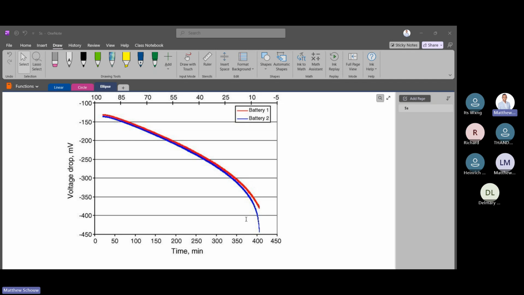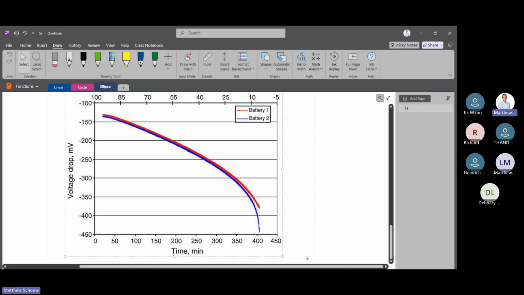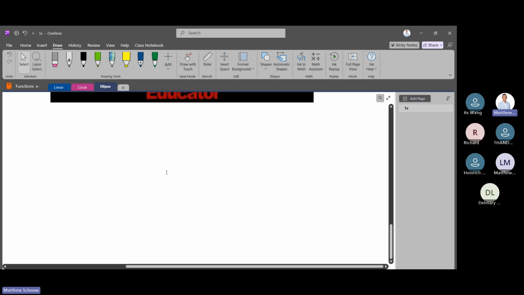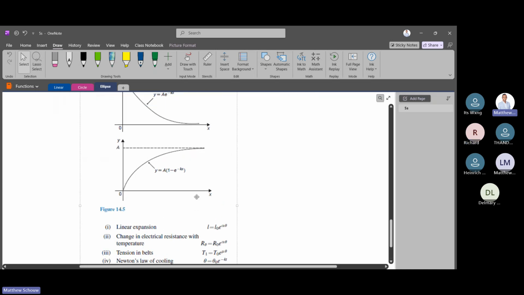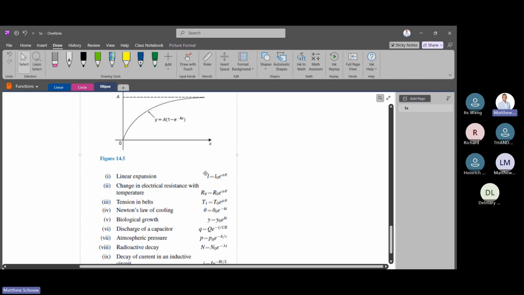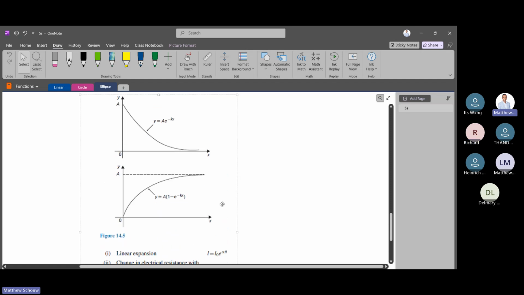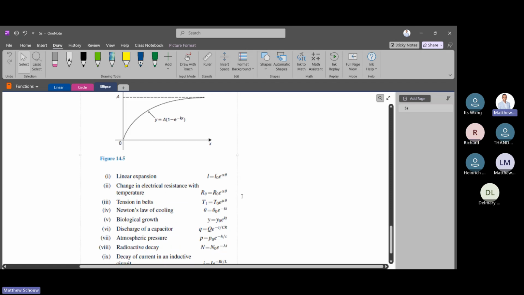These are very common relationships. Exponential is something that one must know as an engineer. I don't know if you're all in engineering, but here's linear expansion: if you heat up a material, metal will expand. There is electrical resistance, also exponential depending on the material. It's not always linear.